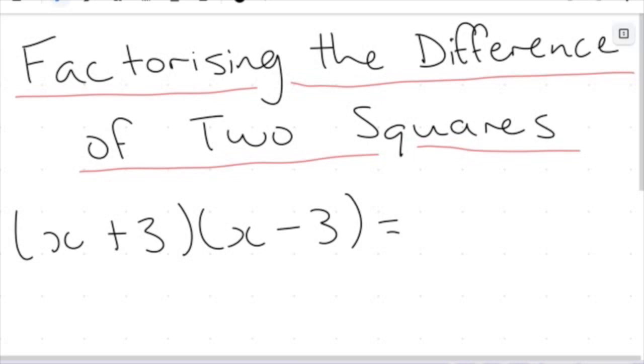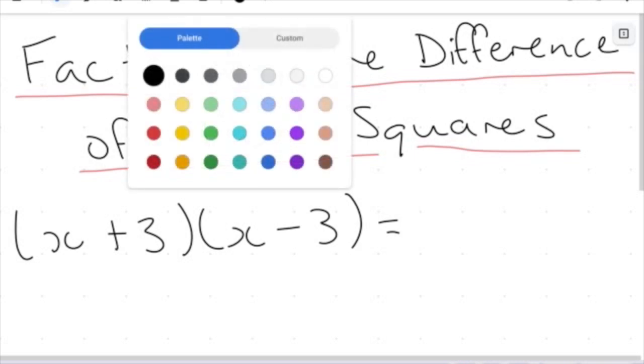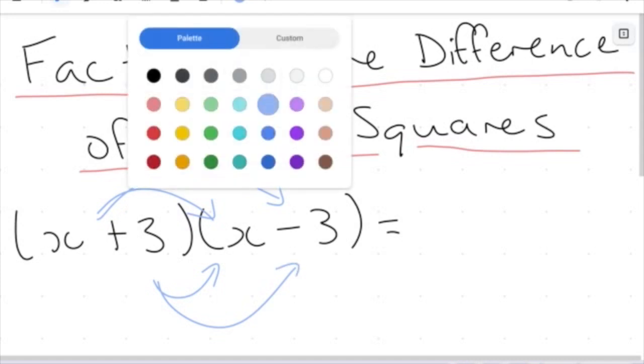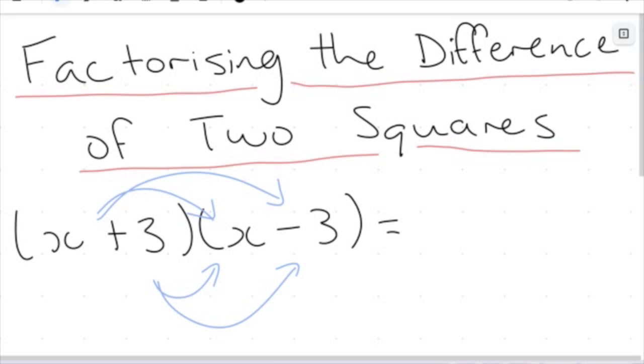Now, if I want to expand this, I'm going to use what we talked about before, this FOIL method, where each of these terms end up interacting. So my x times x, and I'm going to go through this a bit quicker because we touched on this before. X multiplied by x gives me x squared. X times minus 3 gives me minus 3x.